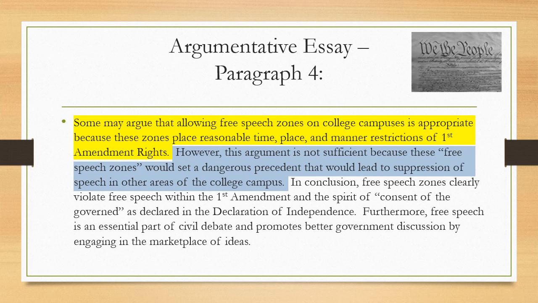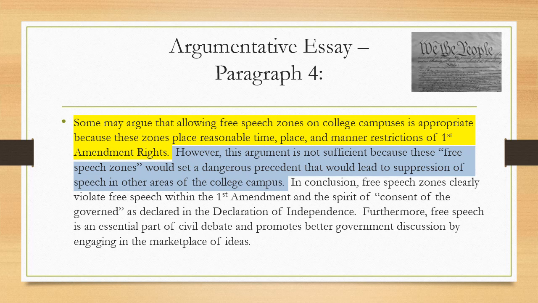So again, we recognize the other point of view, but we refuted it, and you'll notice that I tied this back into our original thesis. The free speech zones we're saying is violating free speech, and we're saying that, yeah, we get it. Creating these zones is reasonable because of time, place, and manner restrictions that have been established. However, if you do this, it's going to bleed to the other areas of the campus. It sets a dangerous precedent in our argument.